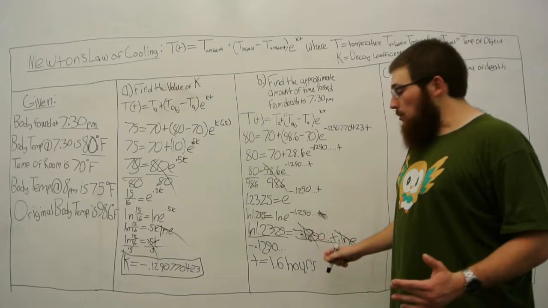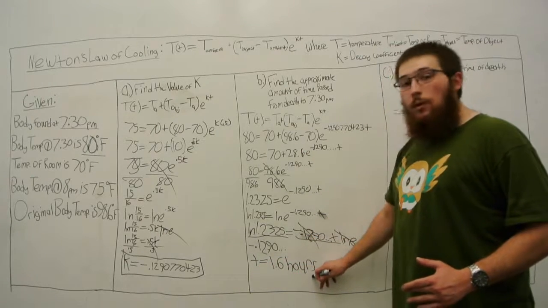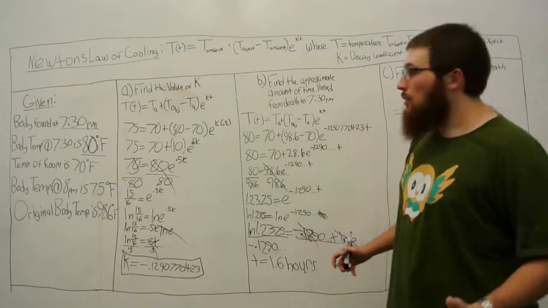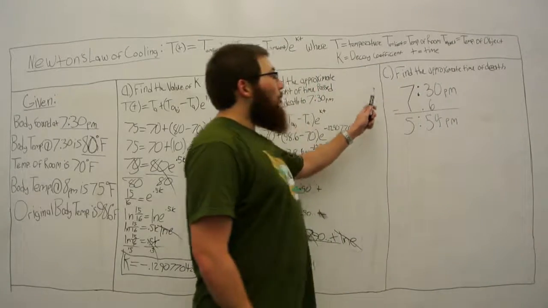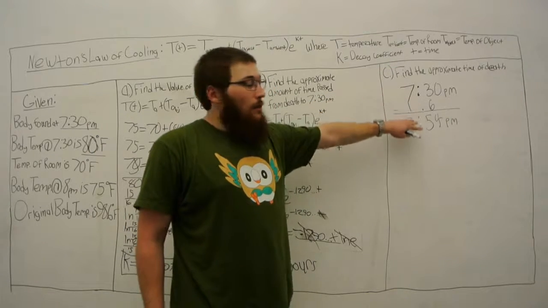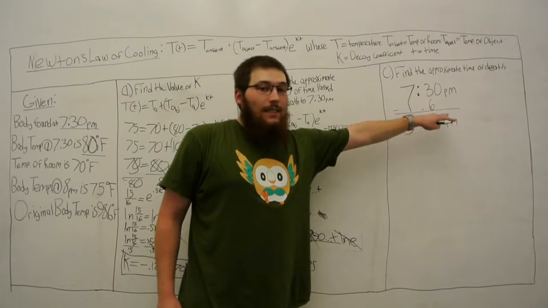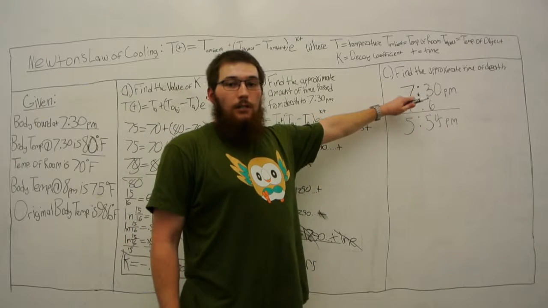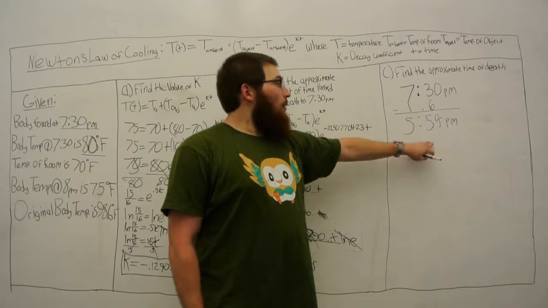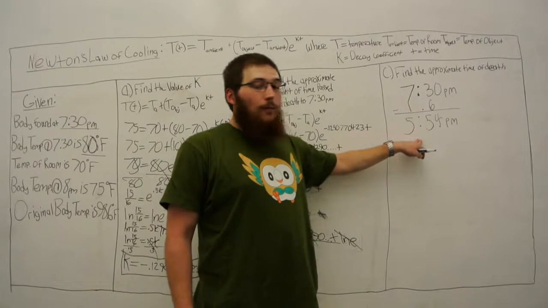And this is all in hours. We ended up with 1.6 hours time had passed. And then, the approximate time of death. Subtract 1.6 hours, which is approximately 96 minutes, from 7:30, you get 5:45 p.m.